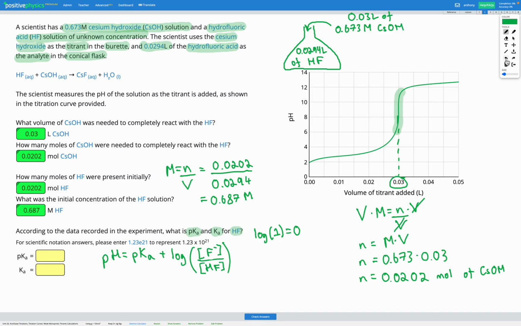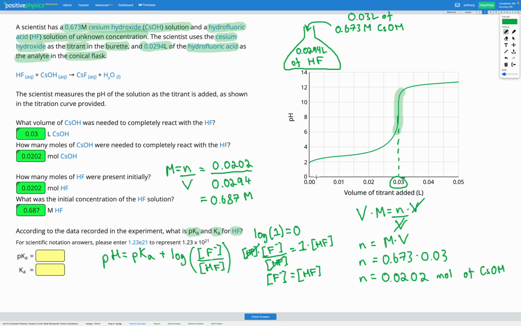So we need that fraction, F minus over HF concentrations, to be equal to 1. So let's multiply by the concentration of HF on both sides to cancel out the concentration on the left. So at that point, the concentration of F minus has got to be equal to the concentration of HF. And that moment will be at our half equivalence point, because we start off with just HF.